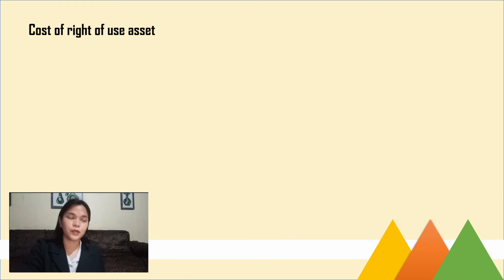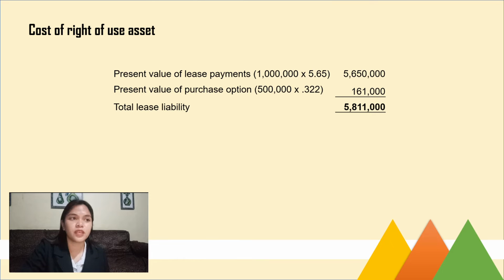Cost of right-of-use asset. So, paano nga ba natin makukuha yung cost ng right-of-use asset? We just have to add the present value of these payments to the present value of the purchase option. Then, para makuha yung present value of lease payments, we just need to multiply the fixed rental payment at the end of each year by the present value of an ordinary annuity of 1 for 10 periods at 12%.